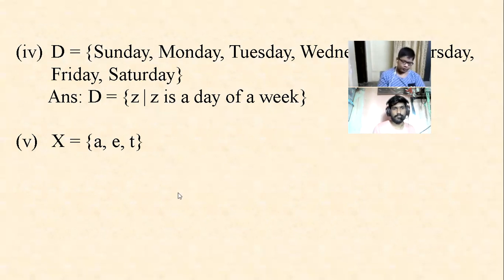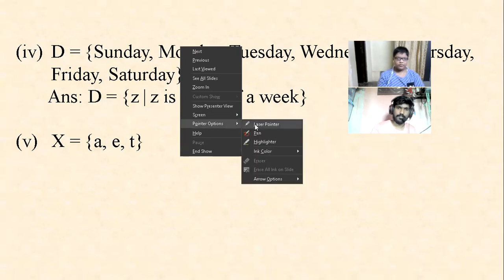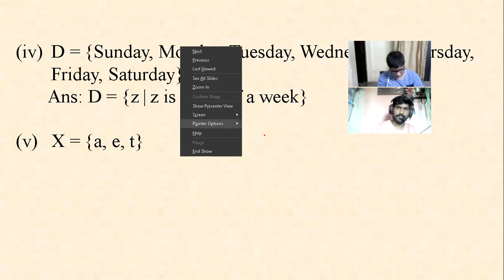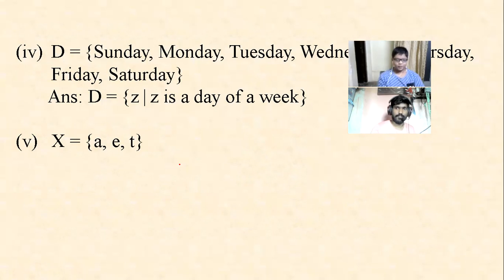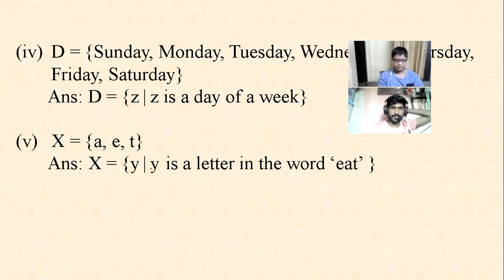X is the set of, use some new variable, this is already X. X is the set of c such that c is a letter of the word tea. The word tea. Correct. Then it can be eat also. Any word it can be. Yes, sir. Or eat.